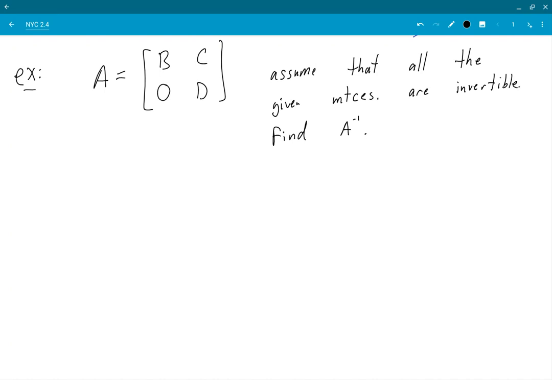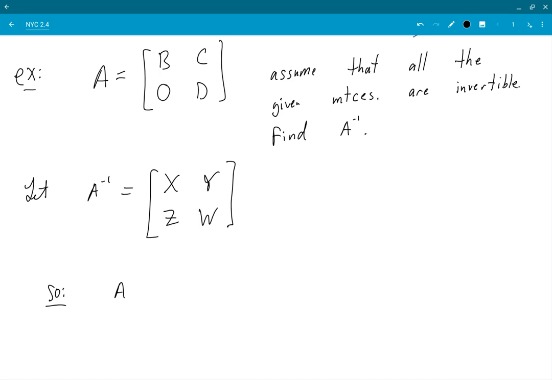So we'll do that in a very basic manner. We'll let A inverse be a matrix filled with matrix variables, and then try to solve for x, y, z, and w.